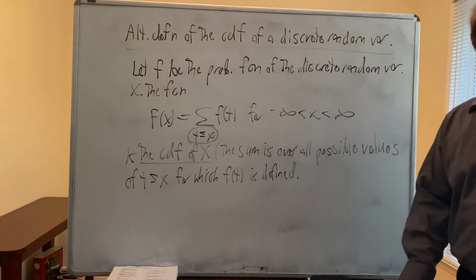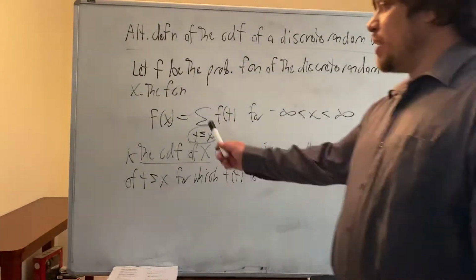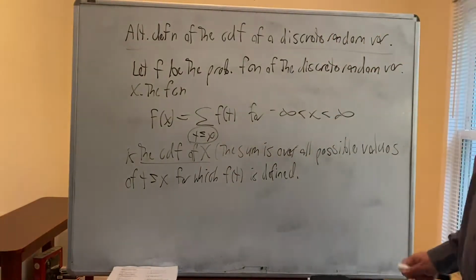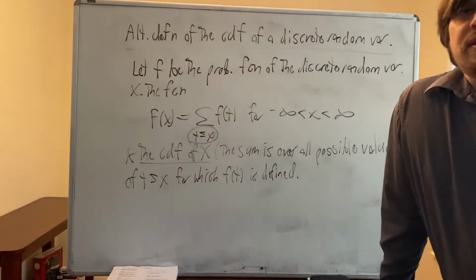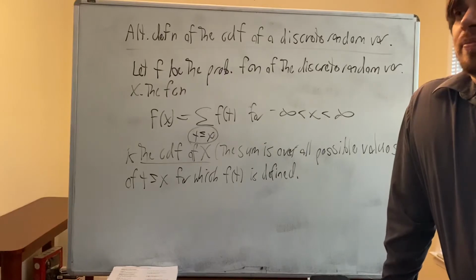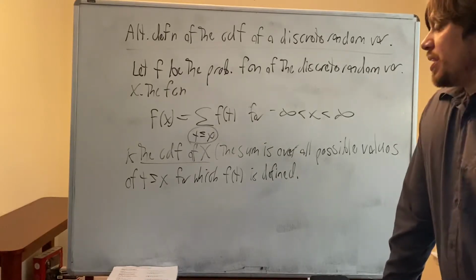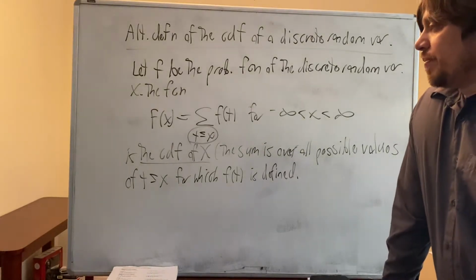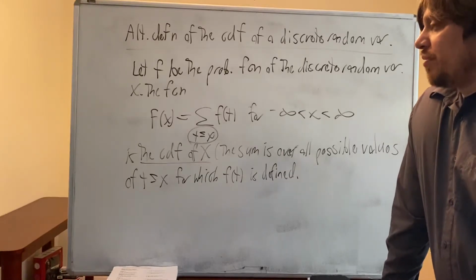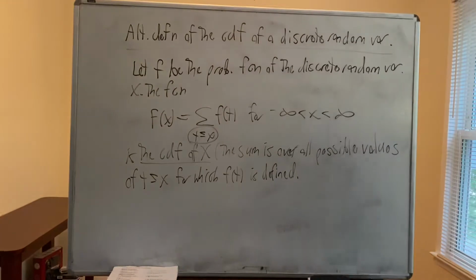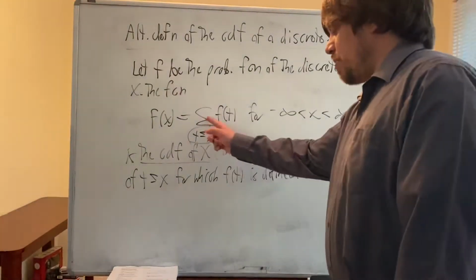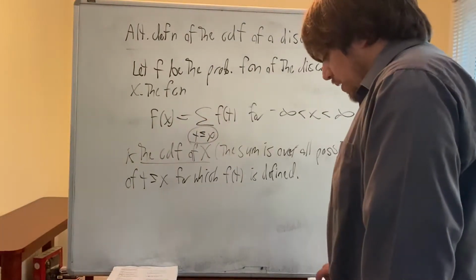Okay. And it's a summation here because we're talking about a discrete random variable capital X, right? So the values that capital X can take are either finite or countably infinite. Okay, so we can use the summation symbol there.